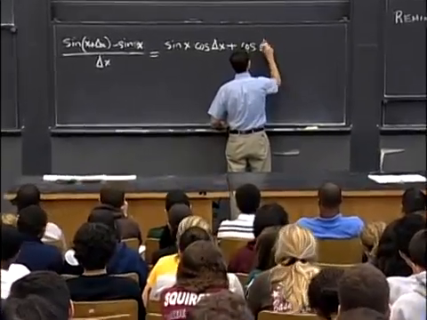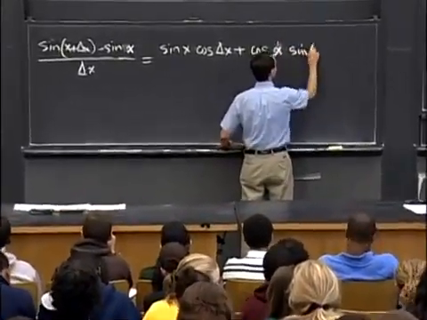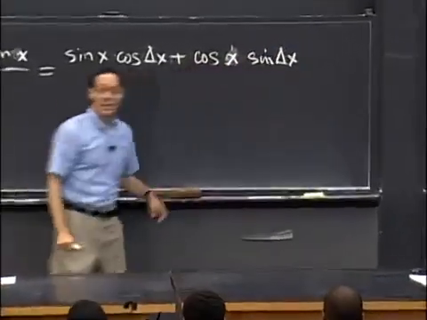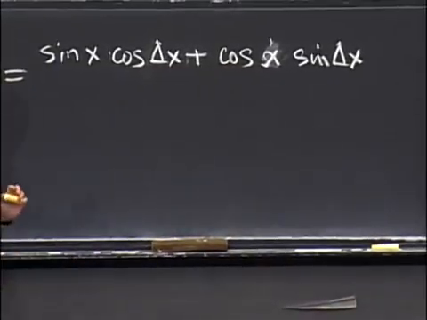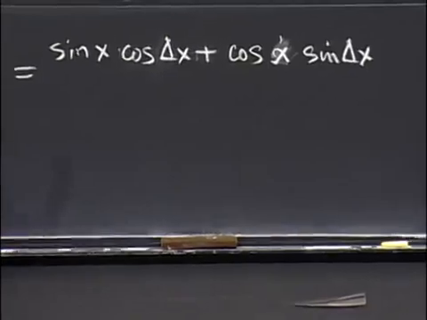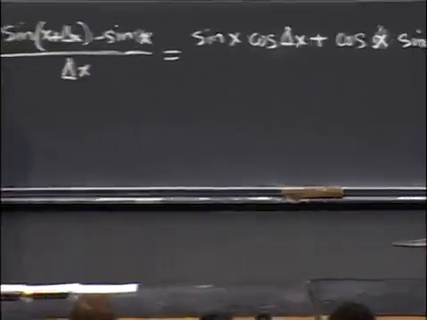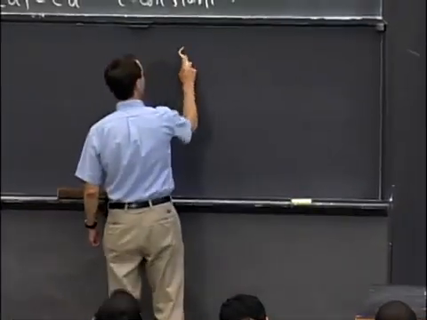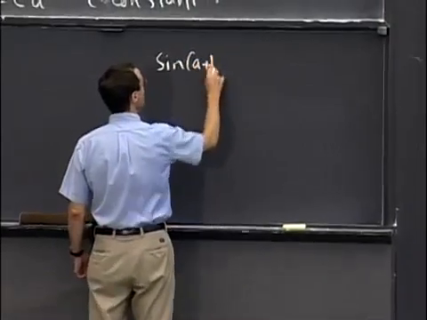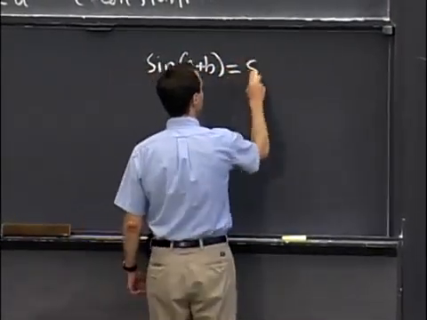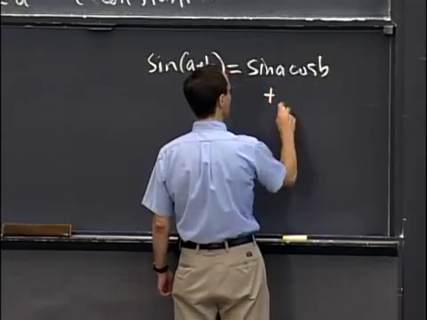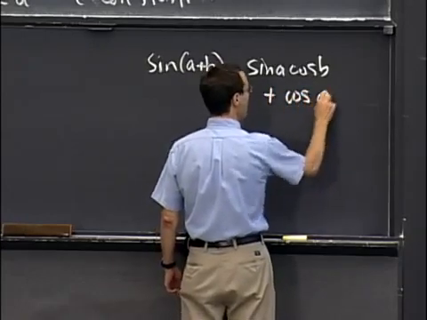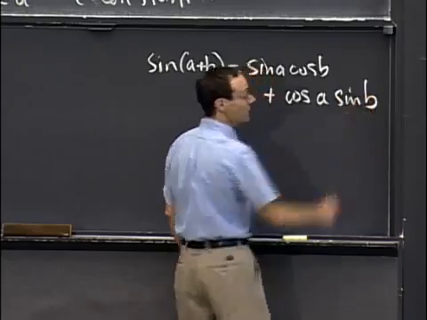So here we go. No, you got to do x here, sine delta x. All right? So now, there's lots of places to get confused here. And you're going to need to make sure that you get it right, all right? So we're going to put those in parentheses here. Sine of a plus b is sine a cos b plus cos a sine b. All right?